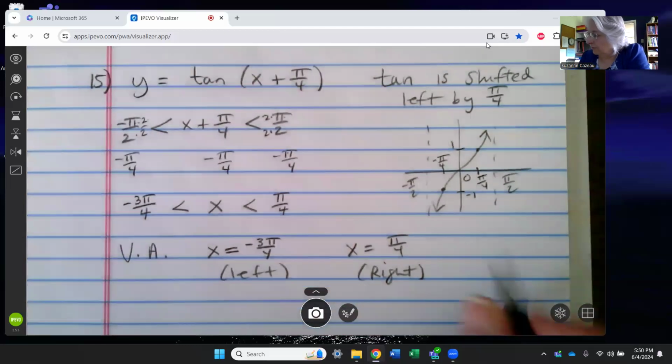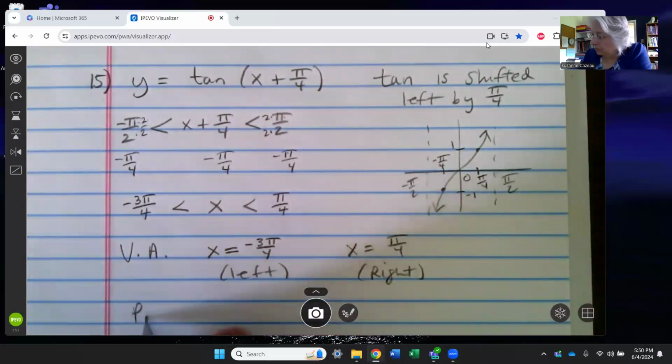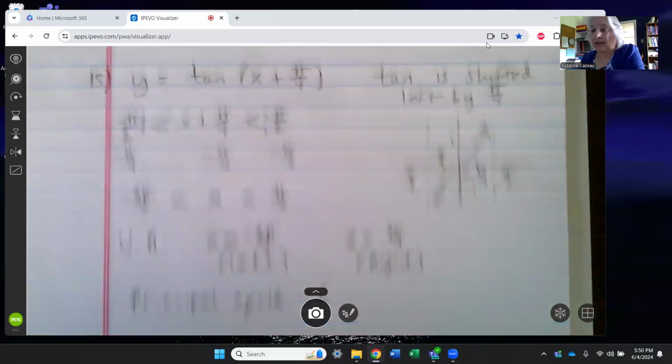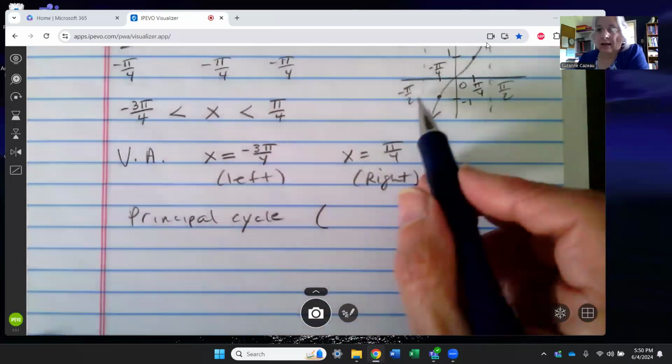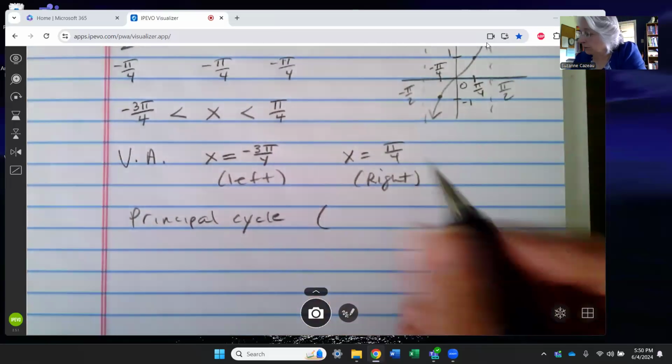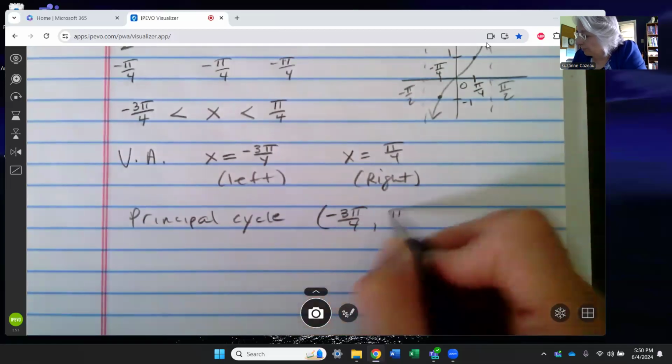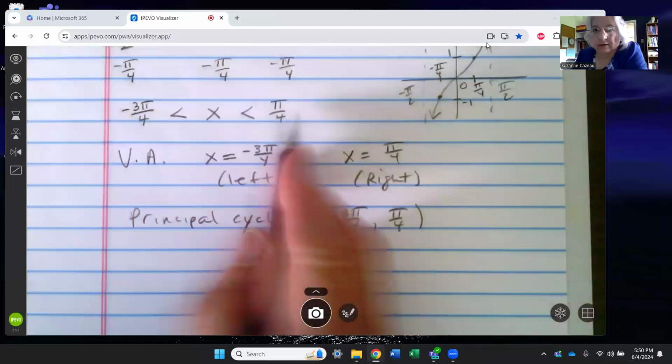Oh, and they're going to ask for the principal cycle. And you're going to use parentheses because these are asymptotes. You can't include asymptotes. It's just negative 3 pi over 4 to pi over 4. That's it right there.